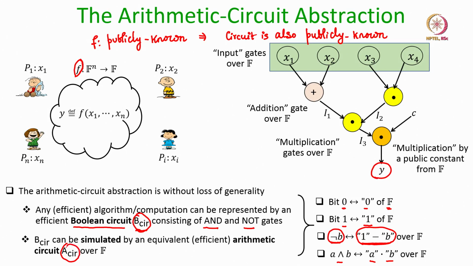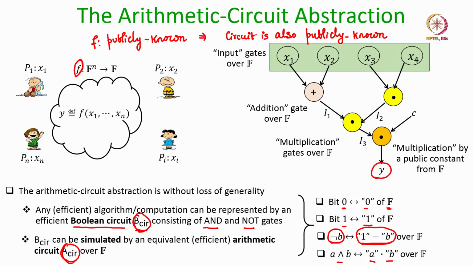So, that means corresponding to every Boolean circuit, I can write down an arithmetic circuit, okay, where the size of the Boolean circuit and the arithmetic circuit will be almost the same. There won't be too much of a blow up. That means, if the original Boolean circuit is an efficient circuit, that means it represents an efficient computation, then the corresponding arithmetic circuit is also an efficient circuit representing an efficient or polynomial time computation over the field.